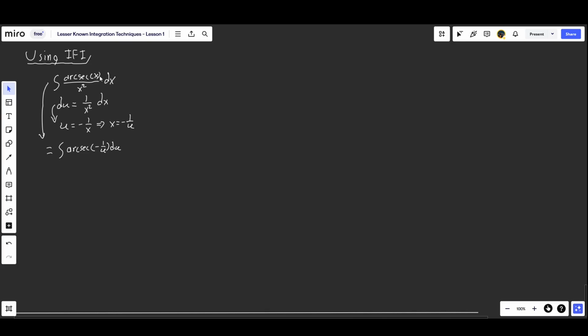When you are given an integrand that is the product of two functions, one of which is a function that you know how to take the inverse of, and the other is a function that is making it difficult to take the inverse of the previous function. So we know how to take the inverse of arcsecant of x. It's just secant of x.